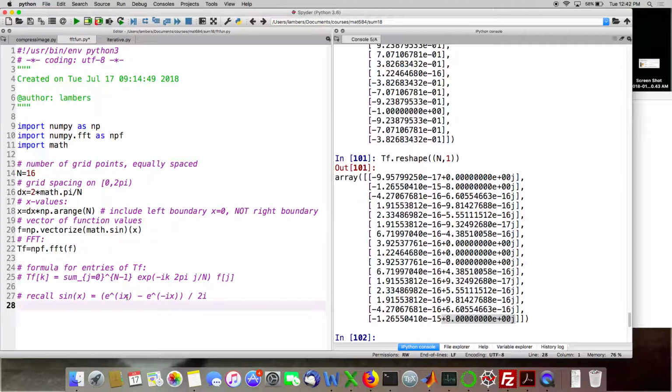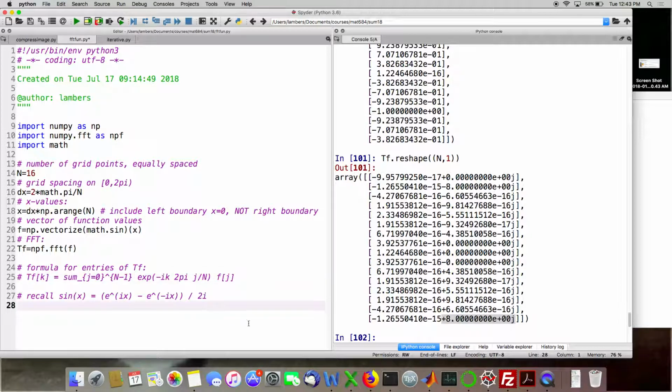So what's happening here is basically the FFT is a dot product of each of these complex exponential basis functions with your function f. Because these basis functions are orthogonal, most of these dot products will be 0. So only the dot products with k equal to plus or minus 1 are going to turn out to be non-zero. So that's why we got the result that we did.